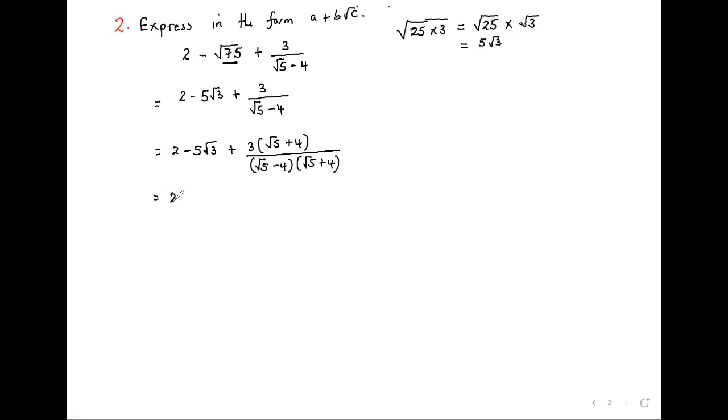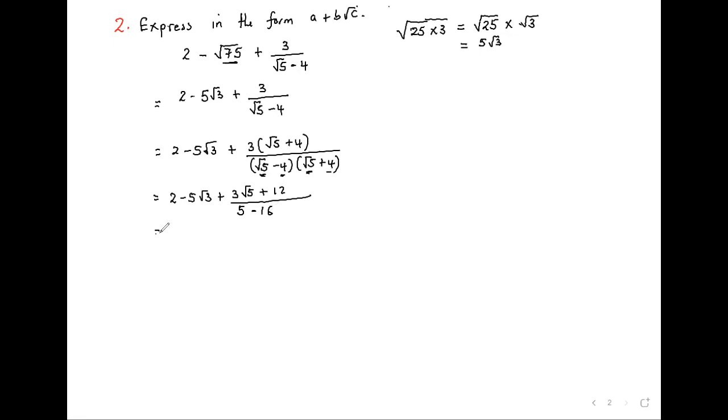So we'll have 2 minus 5 root 3 plus 3 by root 5 plus 12 over, what is root 5 times root 5? We get 5. And then we know that this one times that one, and this times that, they will cancel. So we just do minus 4 times 4, we get minus 16.